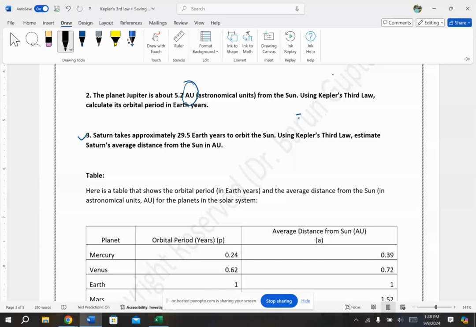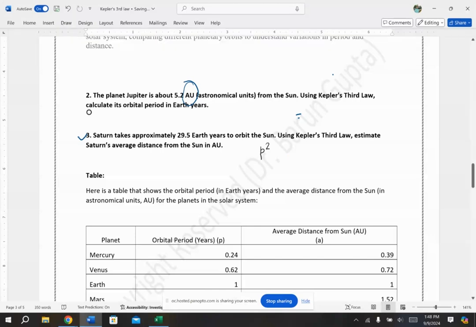So again, use the same equation, P squared is equal to A cubed, and we're going to solve for A. So for A cubed, the P value is given, that is the orbital period in years, so 29.5, and you must square it.